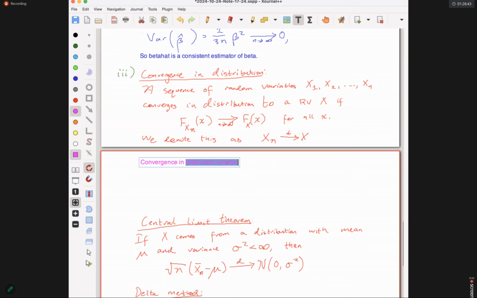Convergence in probability implies convergence in distribution. Wait, sorry, I'm second guessing myself. Let me double check this.